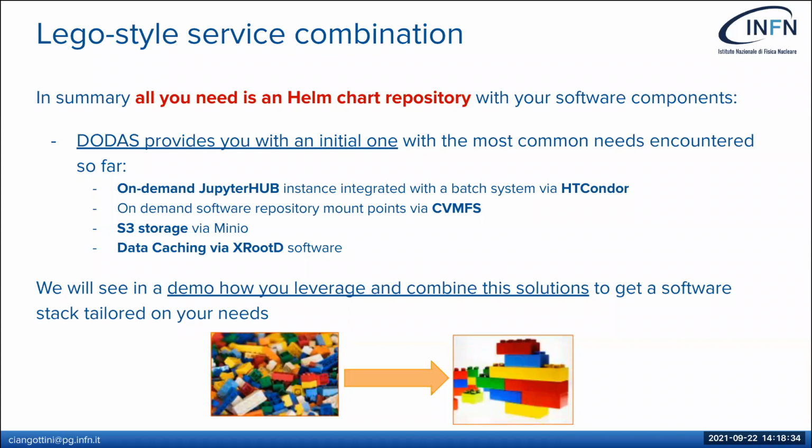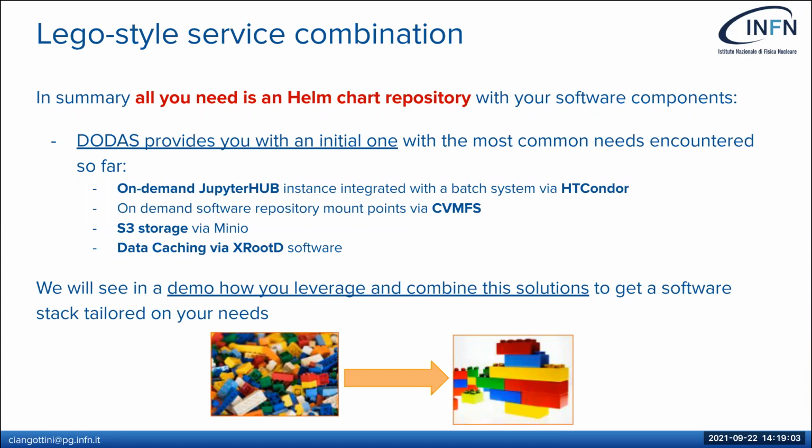needed solutions that we found from our communities. That is an on-demand JupyterHub instance integrated with a batch system, which in that case would be HTCondor. We also have the very same setup with the distribution of software via CVMFS, reading experiment data via S3 storage via MinIO, or through the data caching XRootD, as I mentioned before.